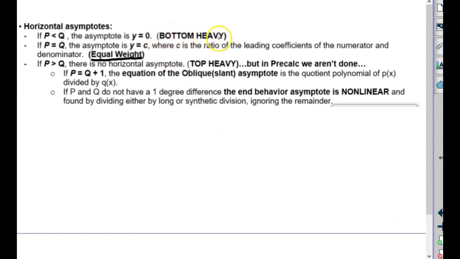If you have an equation that is bottom heavy, for example, 2x over x squared minus 6, this is a degree 1 over degree 2. Does everybody see that? We're talking about the exponent power. Okay, this is a bottom heavy example because it is degree 1 over degree 2.